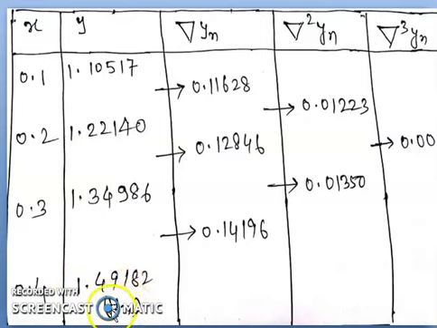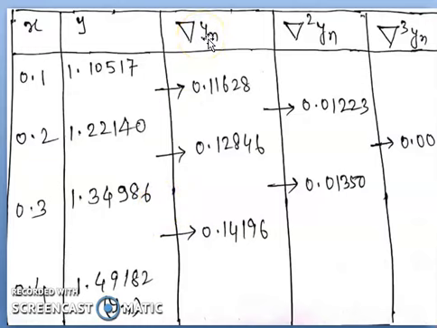This is the last value yn, and this is the first value of y. In lecture number 1 we discussed that the first value of y is denoted by y0, that means the initial value of y. Here the last value of y is 1.49182, that means the last value of y is denoted by yn. So write down the indication mark, that is yn.